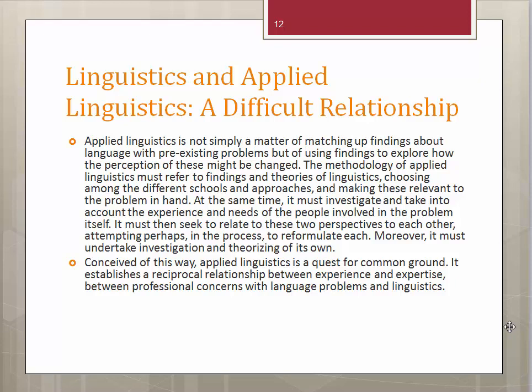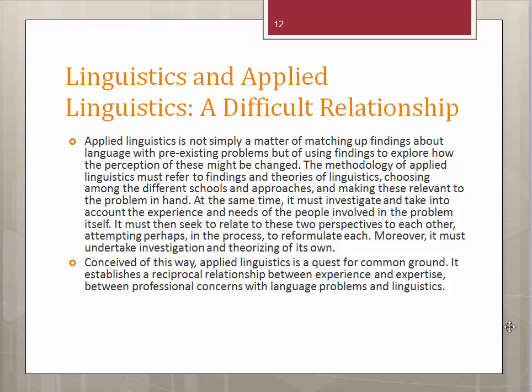So there are two major perspectives that applied linguistics should deal with. The methodology of applied linguistics must refer to findings and theories of linguistics, choosing among different schools and approaches and making these relevant to the problems in hand. And the second perspective is that it must investigate and take into account the experience and needs of people involved in the problem itself.